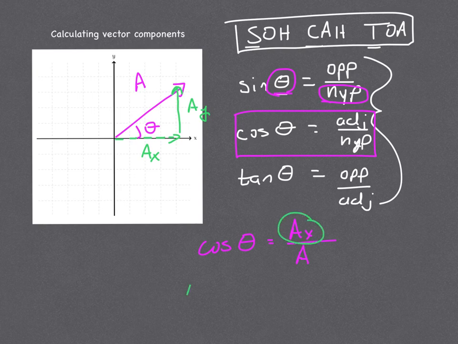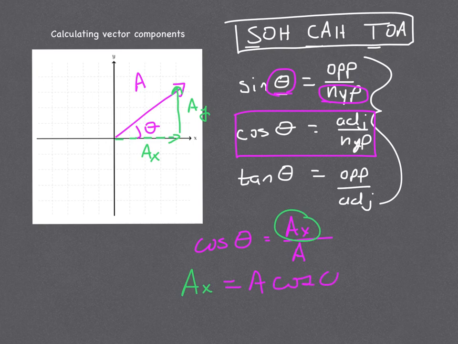So I'm going to manipulate this so that ax equals, and all I have to do is move the value of a, the resultant vector, over to the other side. So you just get that ax equals a times cosine of theta.